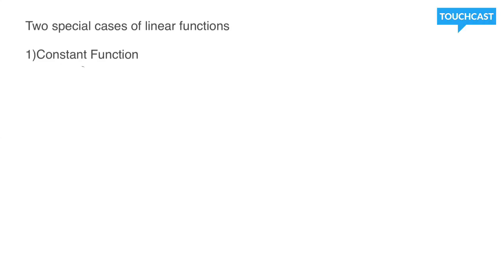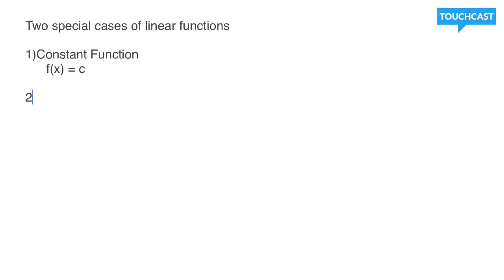Continuing on with linear functions, there are two special cases, or two special types of linear functions. Our first special case is a constant function. All that means is the function is written in the form f of x is equal to c, and c is any number.